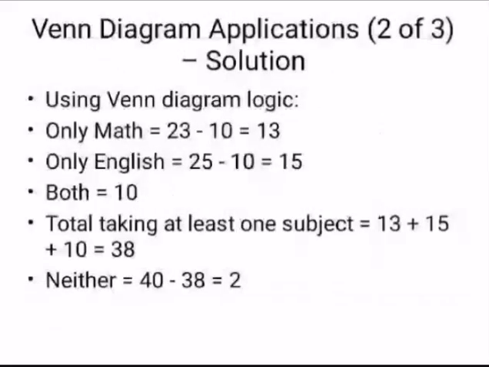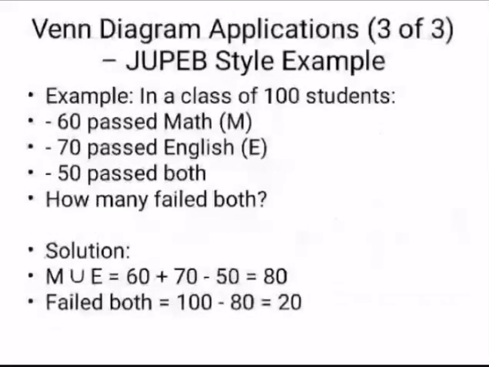The question is asking for how many people failed both, so the union of maths and English. First of all, you can solve this two ways. You can find the people that passed maths only, and then the people that passed English only.